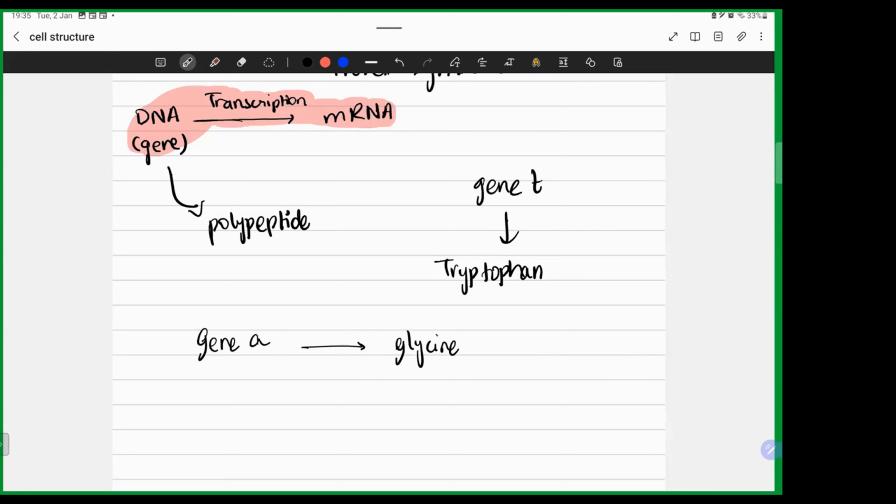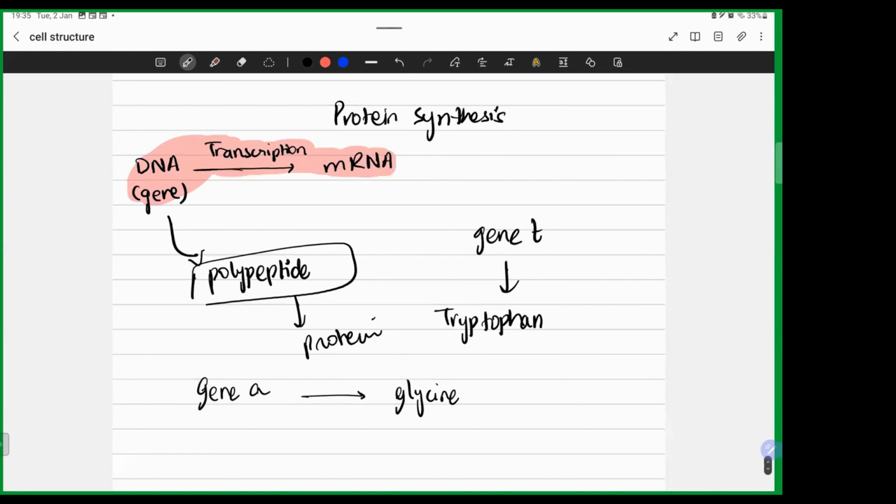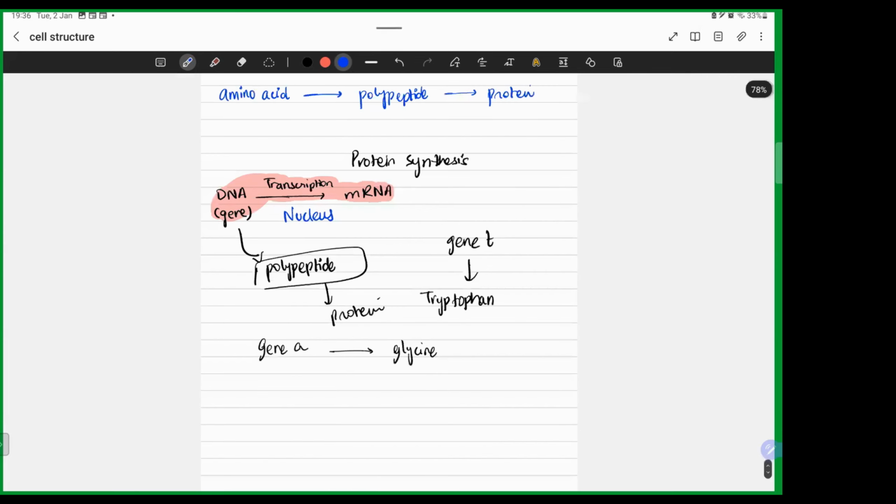Now, every particular gene is responsible for coding one amino acid, and all these amino acids then combine together to form a polypeptide, and then these polypeptides join together to form protein. So technically, we are forming a protein from a gene. So gene is basically the starting point of protein synthesis, okay? And the first step of protein synthesis, which is transcription, formation of mRNA from DNA, is occurring inside the nucleus. So within the nucleus, the end product that we have is mRNA, okay? Is this clear, Huda?